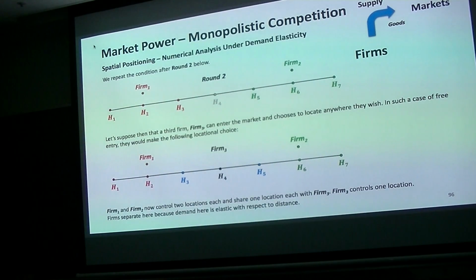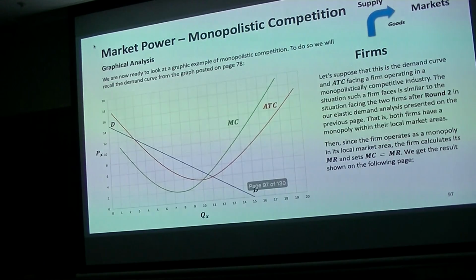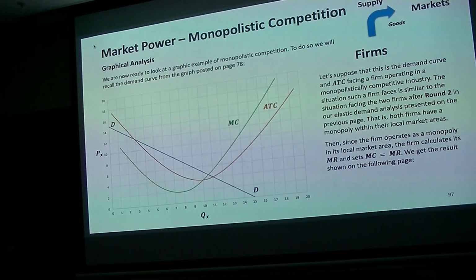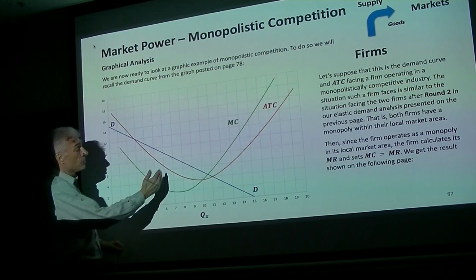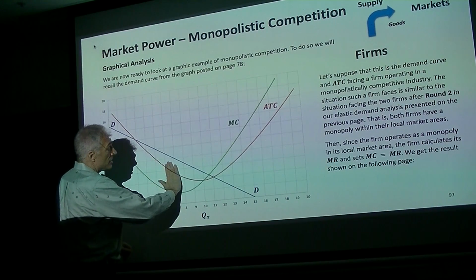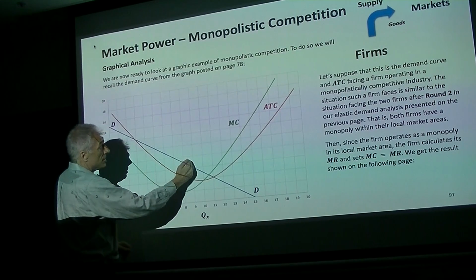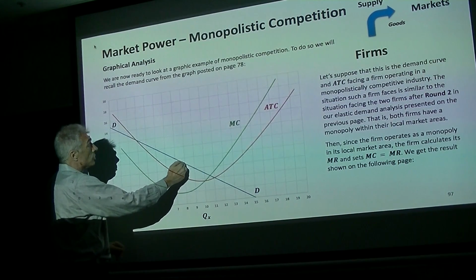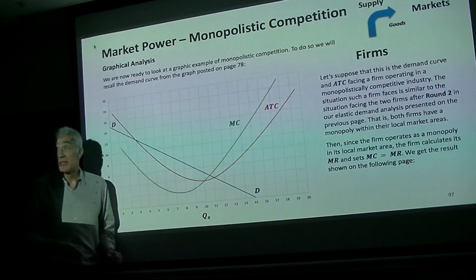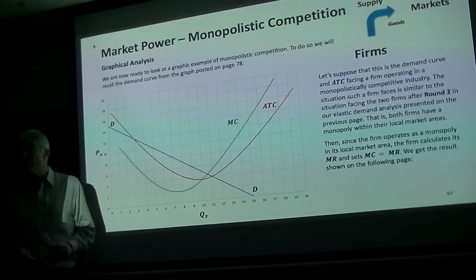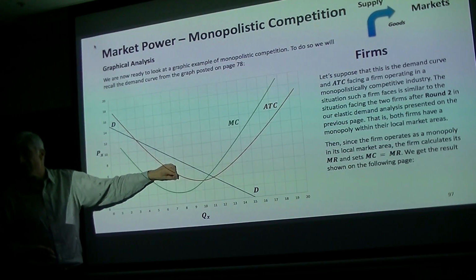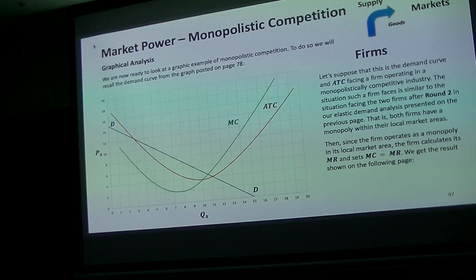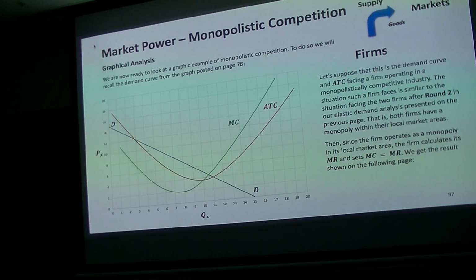So the dynamic is, if a firm comes into the market, it shifts the demand curve that the firm is facing to the left because their demand shrinks. Look at the previous page here.